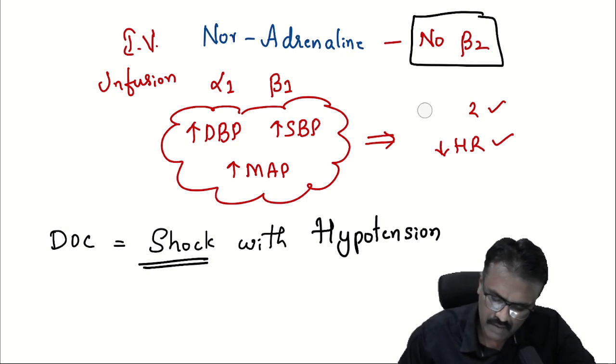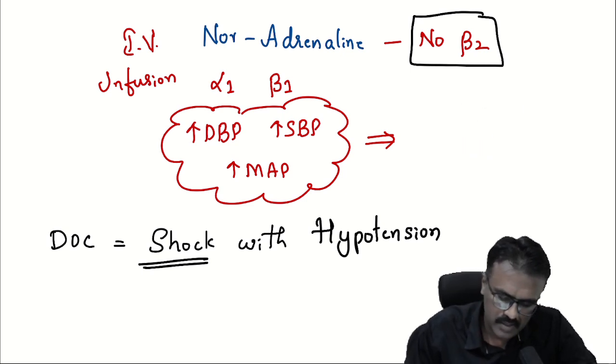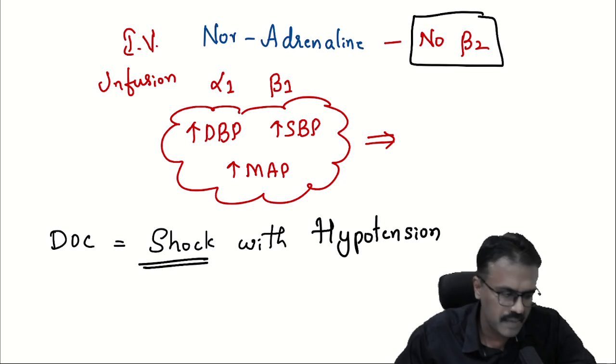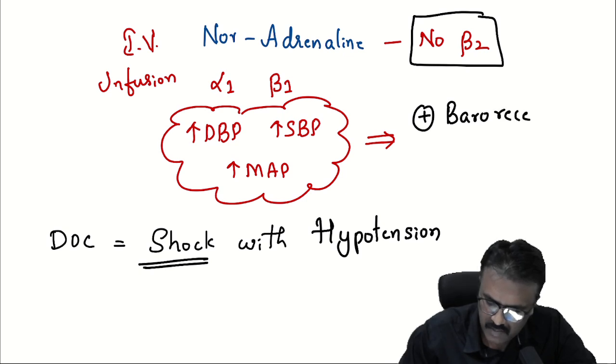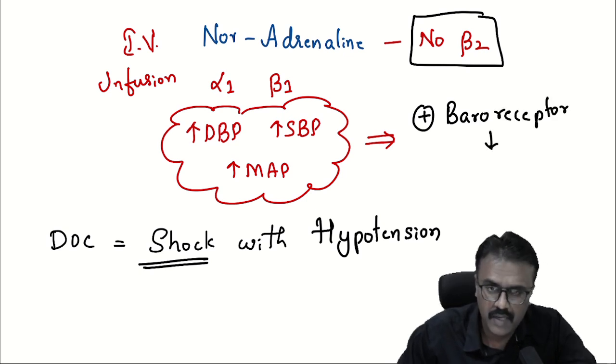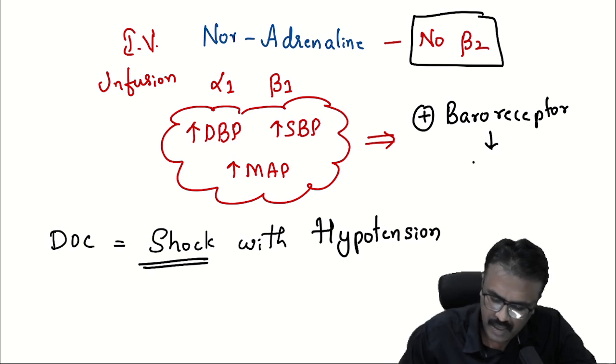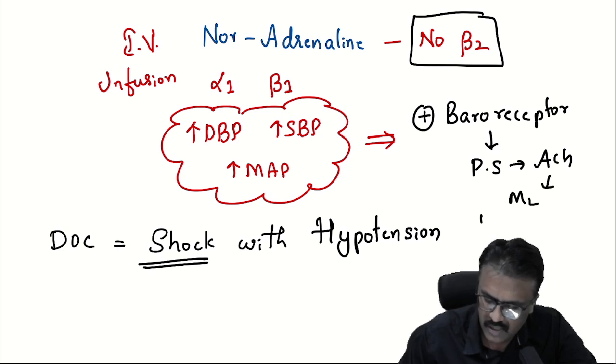Now when we give IV infusion of noradrenaline, since BP has risen, there is activation of baroreceptors. When the baroreceptor gets activated, this will be detected by the brain, and that will activate the parasympathetic system, which releases acetylcholine, which acts on M2 in the heart, and you see a decrease in heart rate.